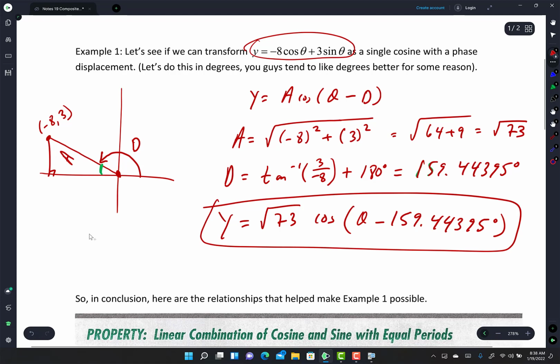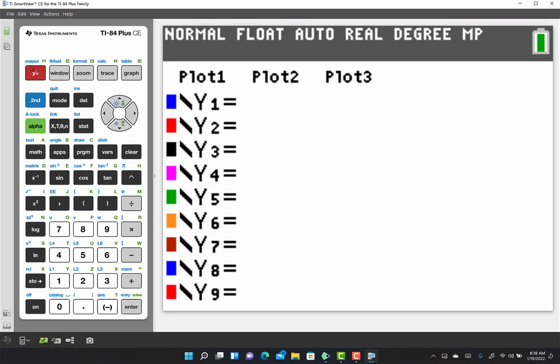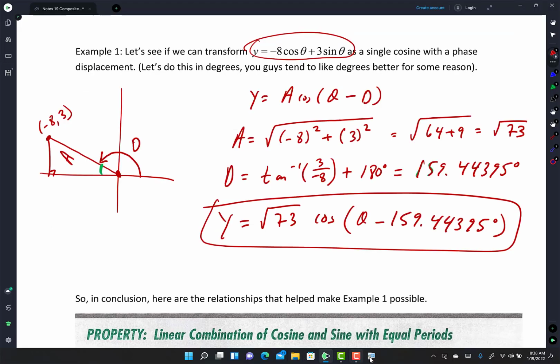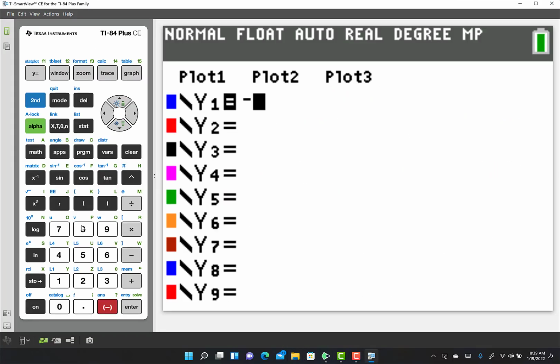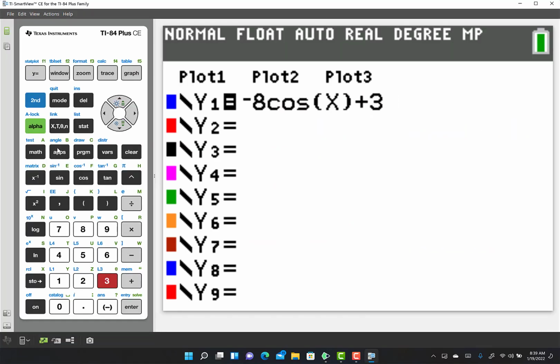So how do you test to see if it's really true? Go to your calculator, go to y equals. Type the original in y1. I already forgot what the original was, I've got to go back. Let's see, negative 8 cosine x, close parenthesis, plus 3 sine x, close.